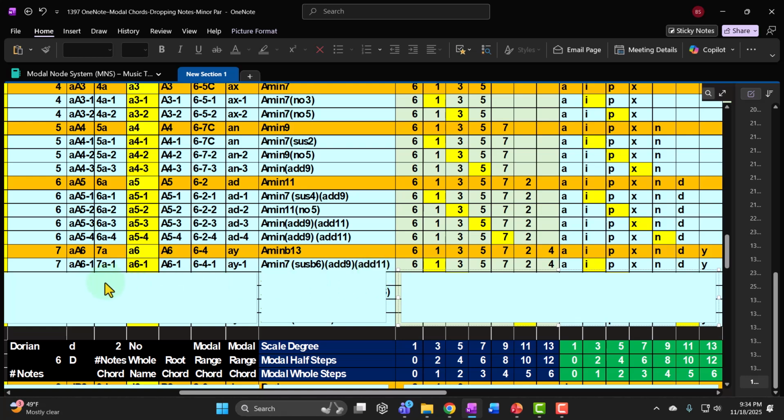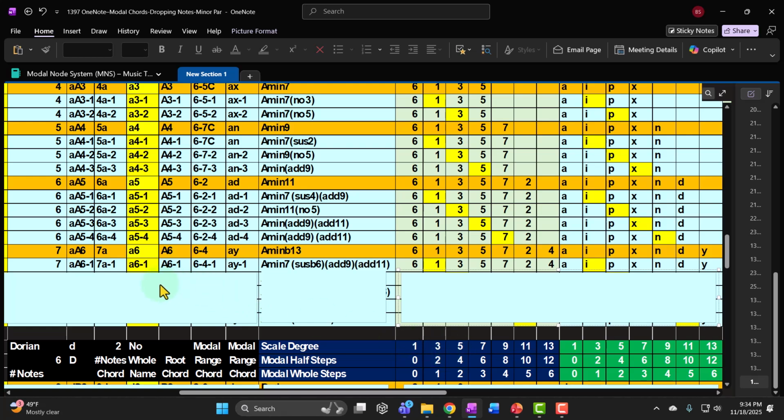So it would be a lot better to just say it's a 7-note Aeolian -1 or an A6 -1, meaning I'm just going to take the 6 modal whole steps up from the node that we're on, and then subtract the one that's 1 modal whole step up, which would be 2 modal half steps or the 3rd scale degree.